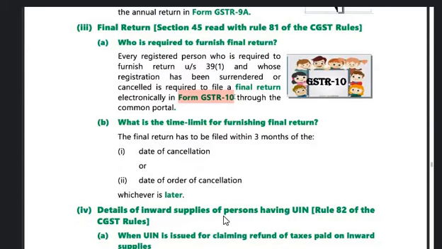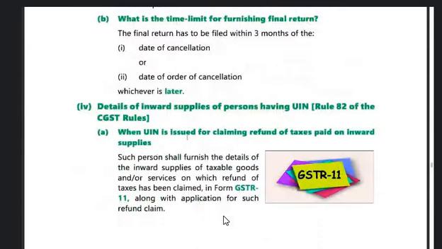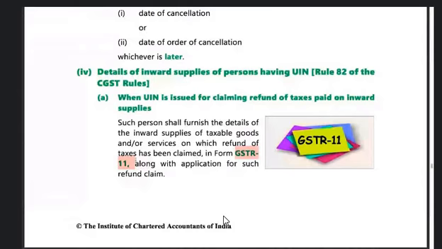Then GSTR 11 is filed by the UIN holders. Now who are UIN holders? Unique identity number holders. For the purpose of claiming the refund of taxes paid, they will file the GSTR 11.